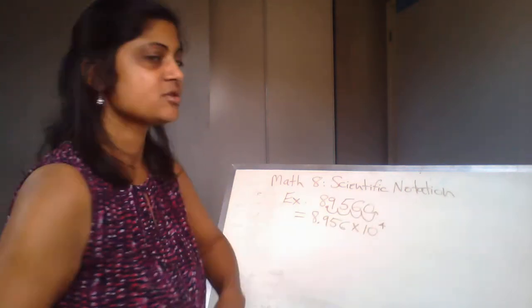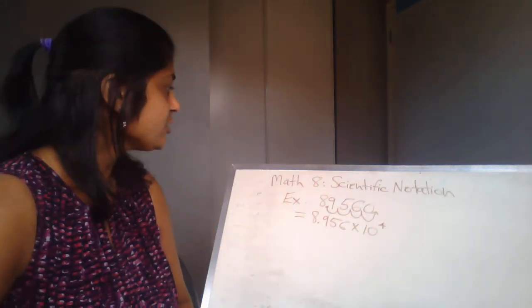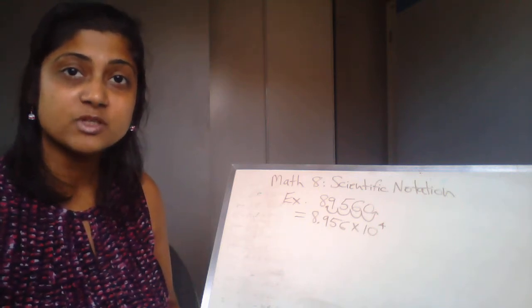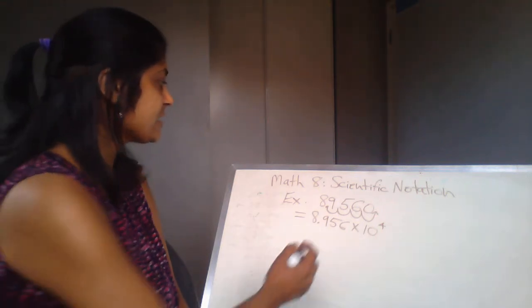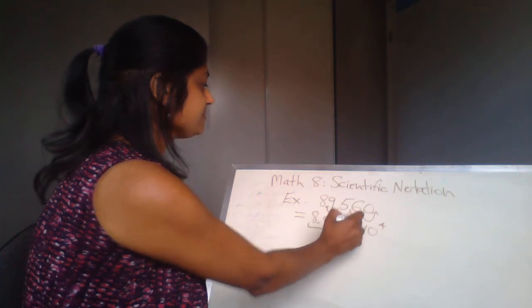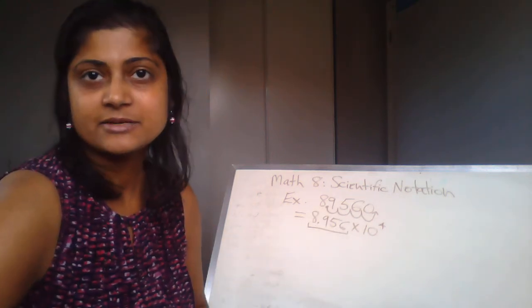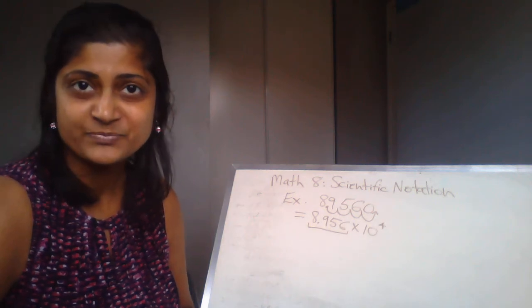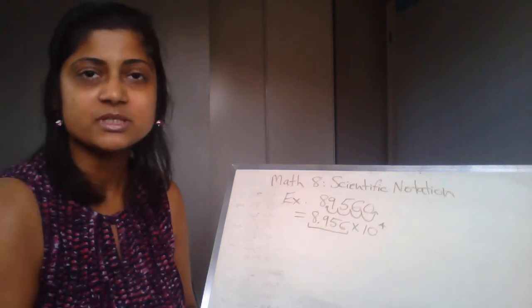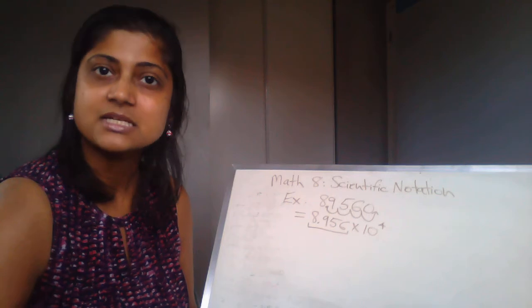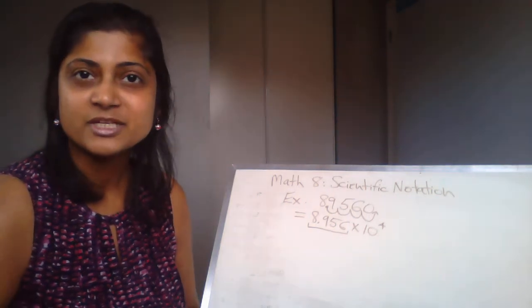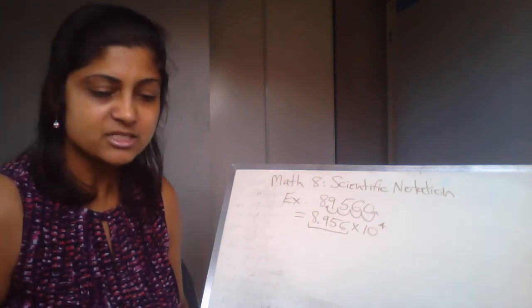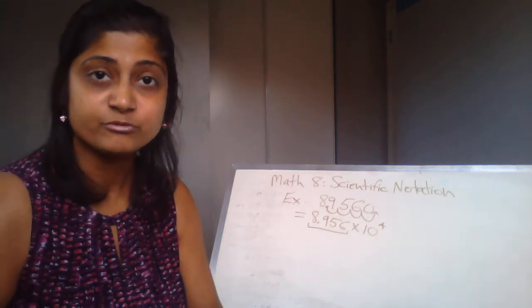So it's 10 to the power of 4. You notice I wrote 8.956. I have to write all of the non-zero numbers at the front here. If there's a 0 after that, I don't need to indicate the 0 here. This has to do with the number of significant digits, and that's something you will encounter in high school.